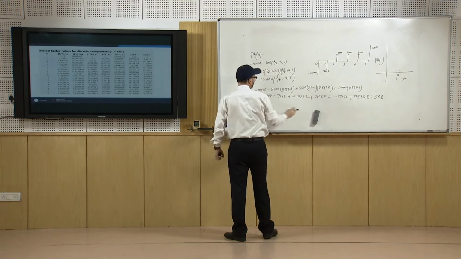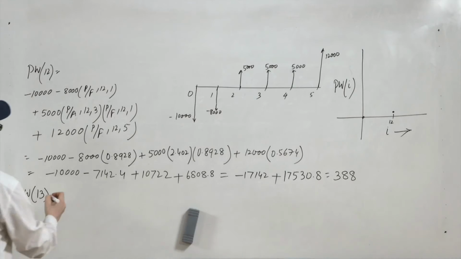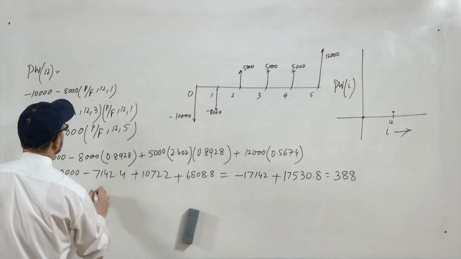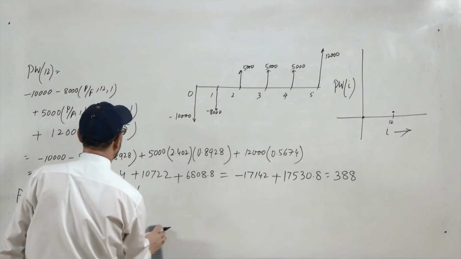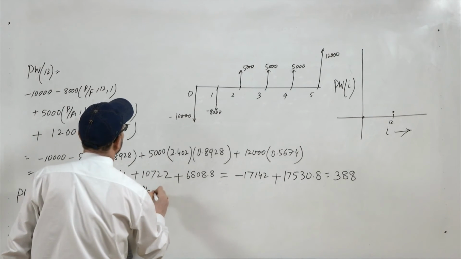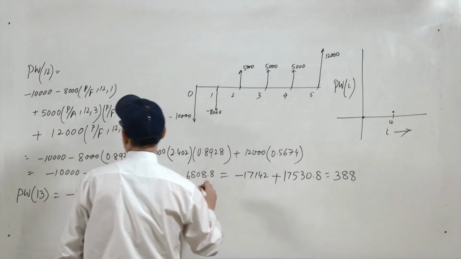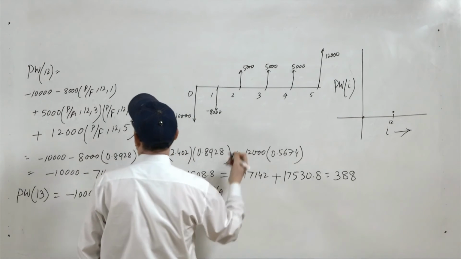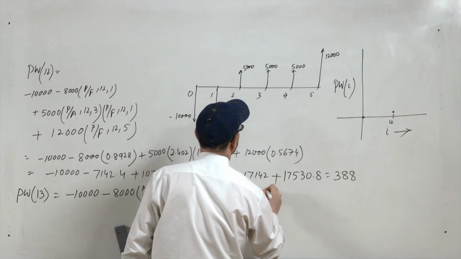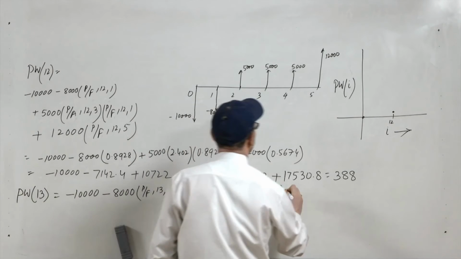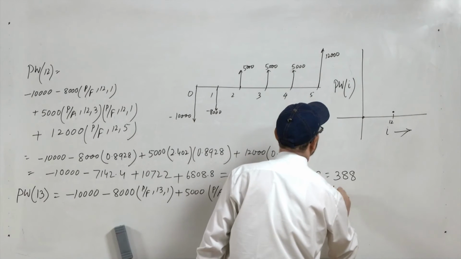So, at I equal to 13, PW 13 will be minus 10,000 minus 8,000 multiplied by P by F 13,1 plus 5,000 P by A 13,3 P by F 13,1 plus 12,000 P by F 13,5.